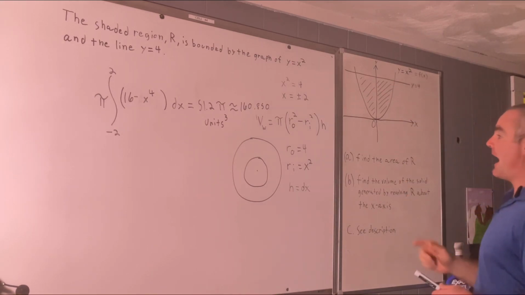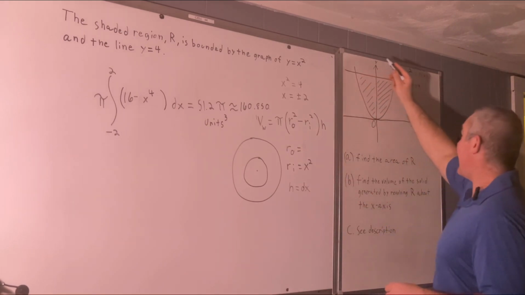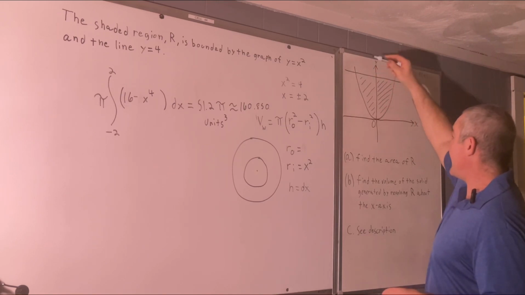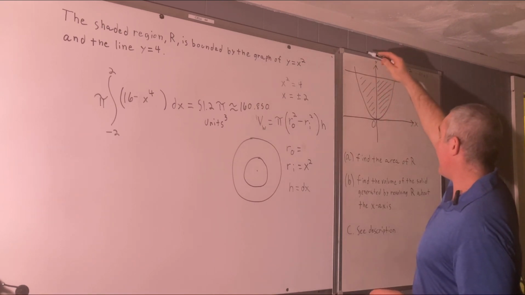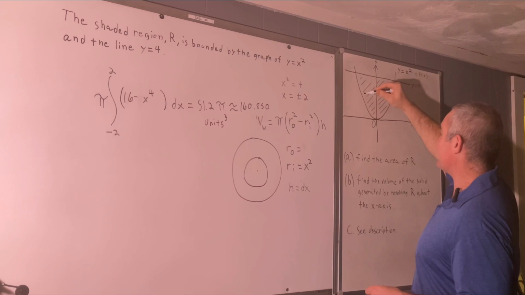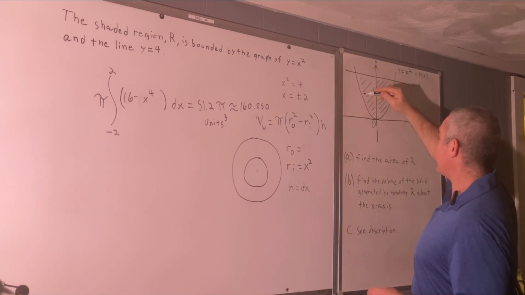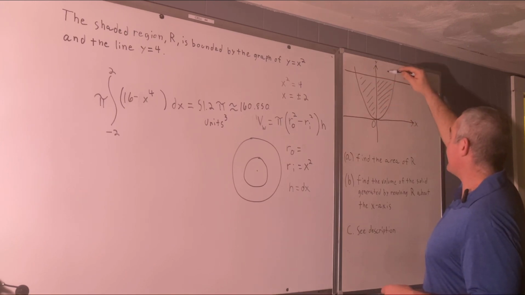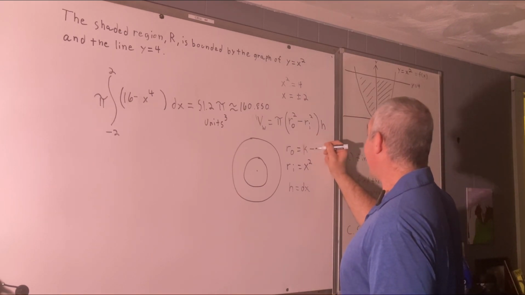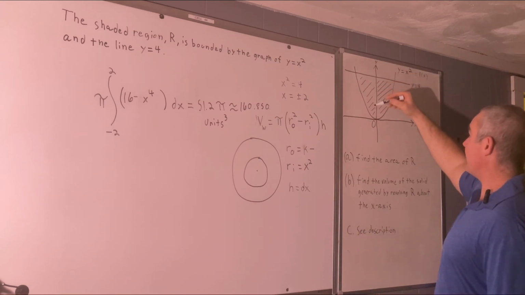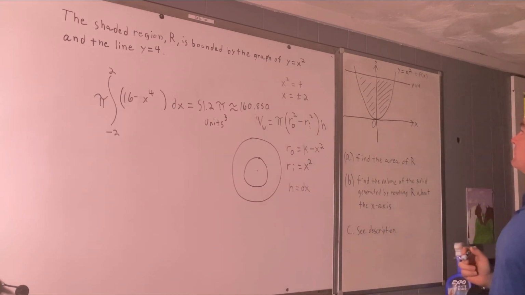So in this case, our outer radius is going to be this distance from the x-axis to the line y is equal to k, minus this distance. That's always going to be the outer radius. From here to here, from here to here, from here to here. So we have our outer radius being k minus f of x. What is f of x? It is x squared. What is our inner radius going to be?